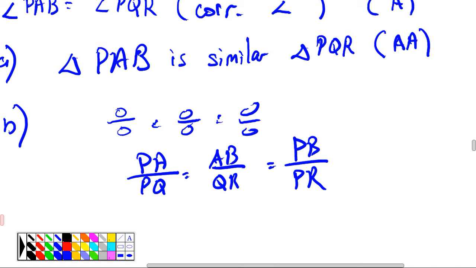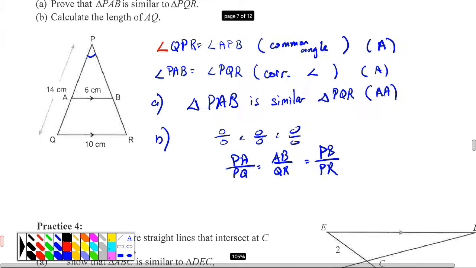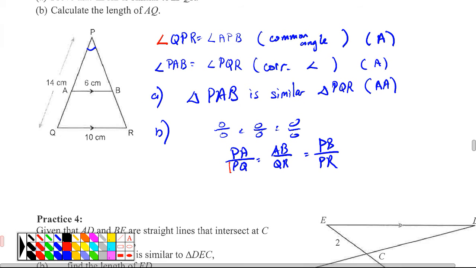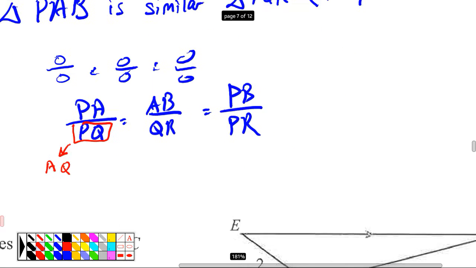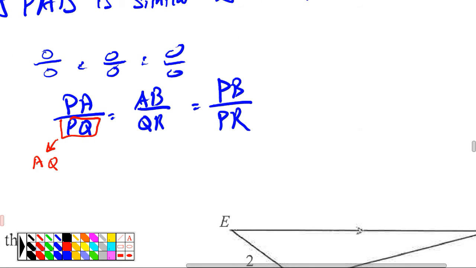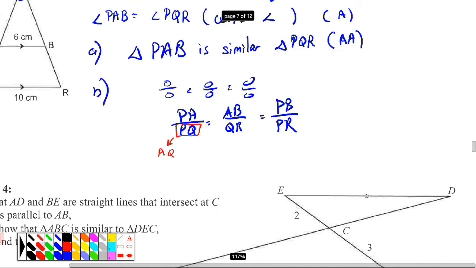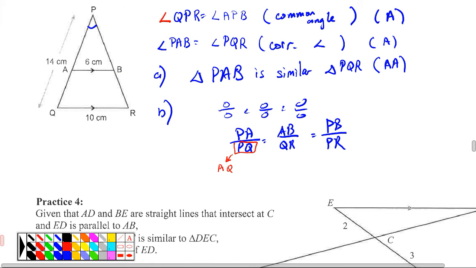AQ is not inside here, but it is part of it, right? Where is it hidden? PQ. That means from PQ, I can then find AQ. Does it make sense? If I can find PQ, I can find AQ. I know the whole thing is 14. Oh, wrong, I did the wrong box.